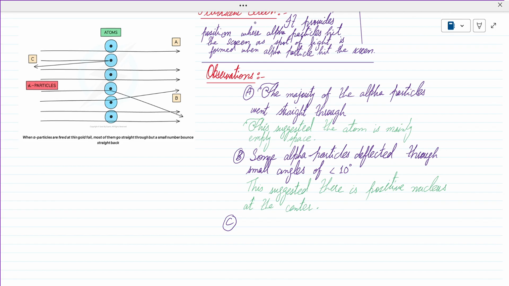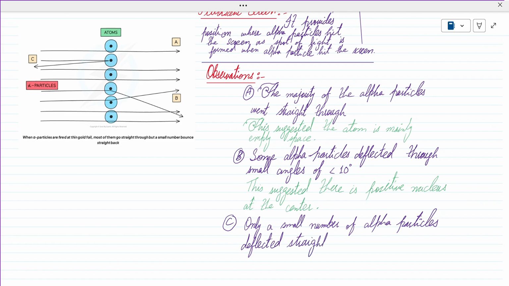Only a small number of alpha particles were deflected straight back, at angles of greater than 90 degrees.